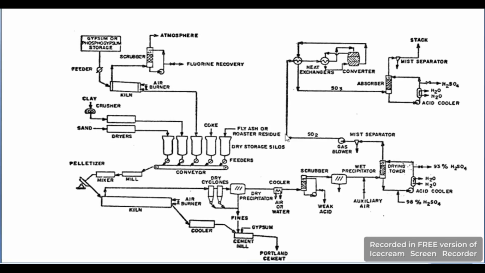That size reduction will be helpful for processing in the kiln, as the kiln operates around 1400 centigrade temperature. In this kiln, air and fuel are also provided from the opposite side. The air will provide oxygen for the combustion process. After that reaction we will get two types of products.